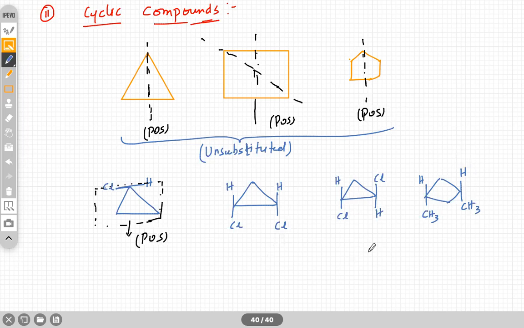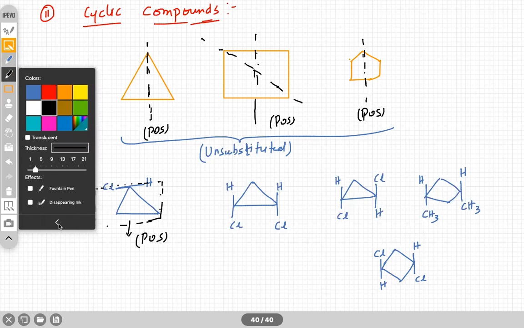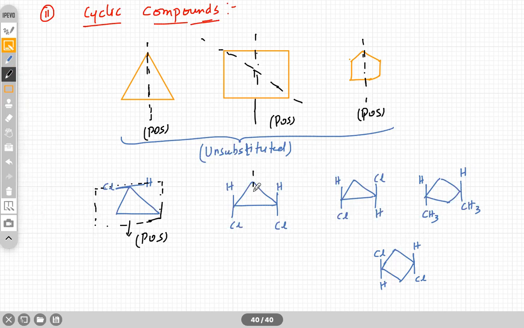Okay, and one more we'll discuss here. Now you see easily here, this is the plane of symmetry we have.